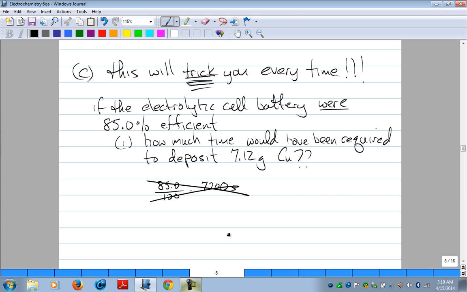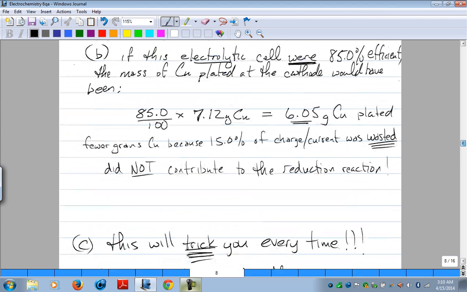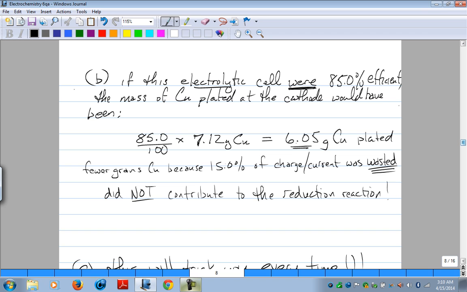Now to get the correct answer, and here's one way. I'm sure there are many ways, because some people like proportions, other people like ratios, etc. Whatever you do, you should like logic, a logical way. So here is a logical way. We know with the 85% efficient battery, after 2 hours, merely 6.05 grams would have been plated in 2 hours.